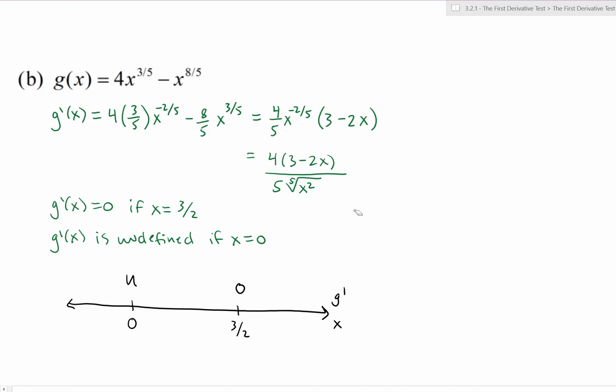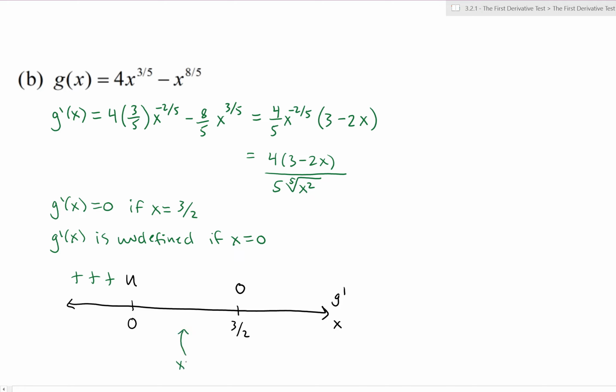If I plug in, say, x is a gigantically negative number, then up here that's going to be a positive, 3 minus 2 times a big giant negative. In the denominator, I'm squaring that negative number and then taking the 5th root. So over to the left of x equals 0, we have that our function's derivative must be positive.